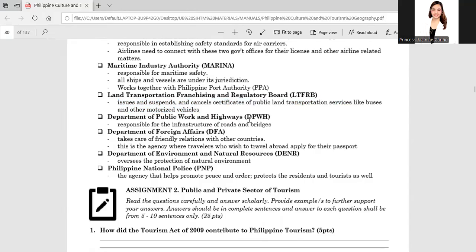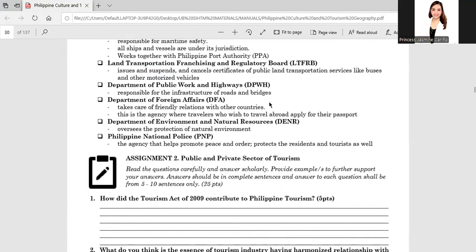Sometimes their franchise as well as their licenses get suspended because of them. All right, so let's go to the Department of Public Works and Highways, which is your DPWH. They are responsible for infrastructure of roads and bridges. They are actually facing a big controversy at present.